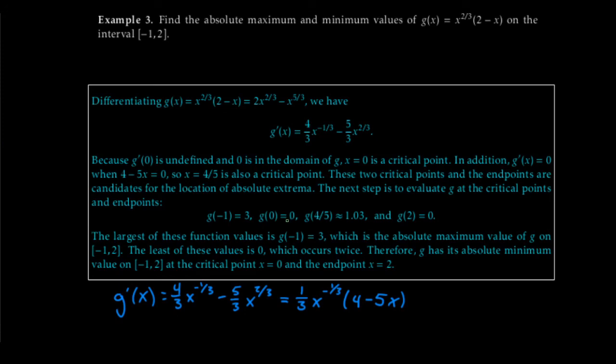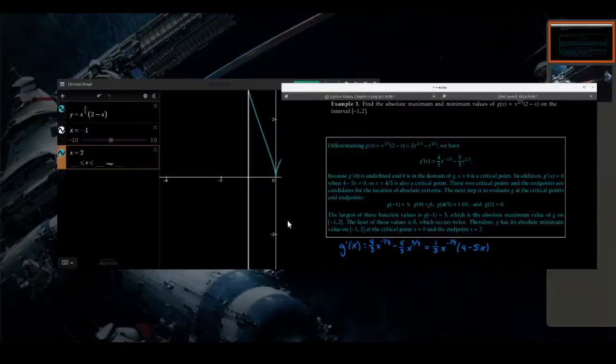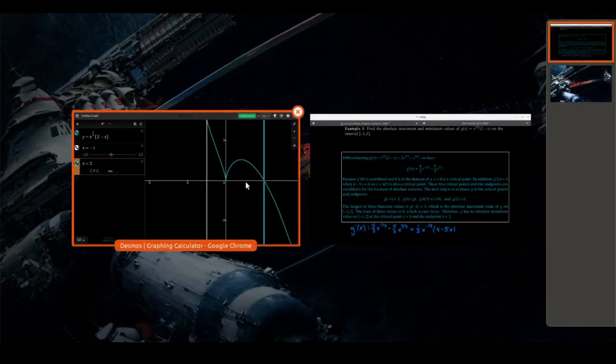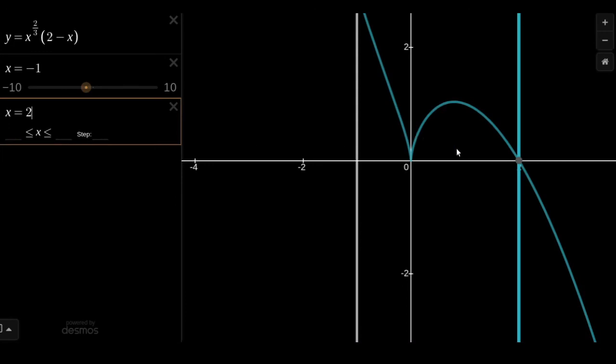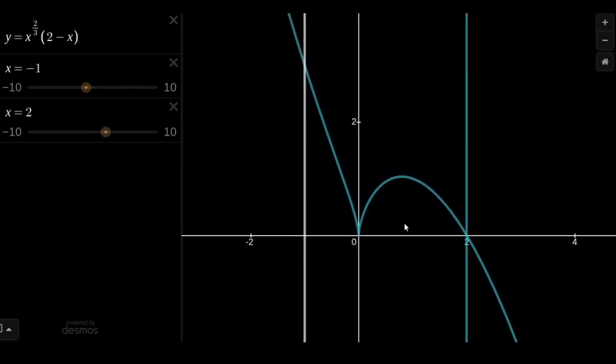Real quick, let's look at a graph of this function. So, jumping into a graph here, I've already plotted the function as well as the two lines that bound our interval. So between here and here, it's pretty easy to see that we have our biggest point, our highest point in that graph, at -1.